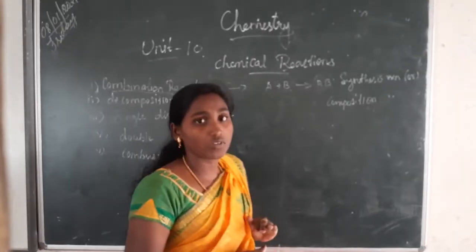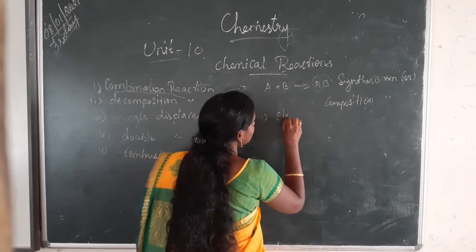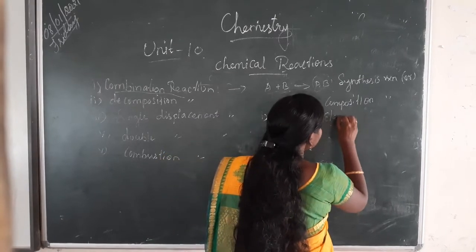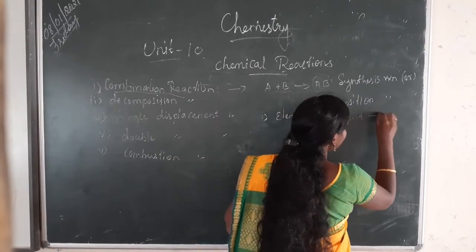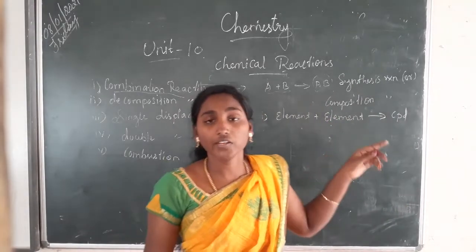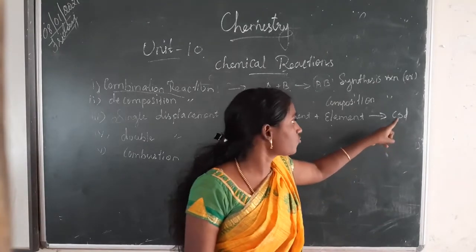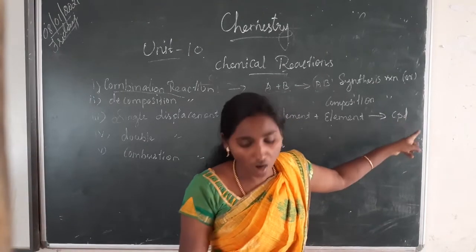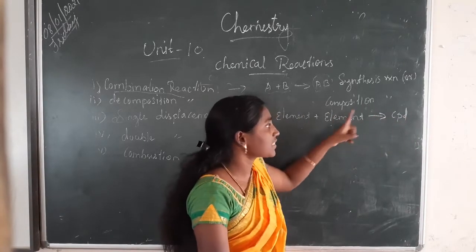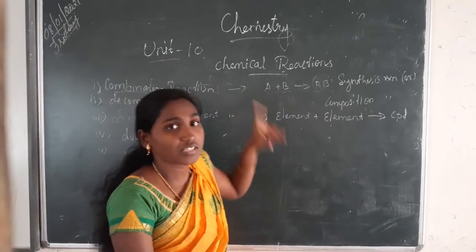So the classes we are going to learn: the first class is element plus element gives compound. In your answer sheet you should not write CPD, you should write the full form. CPD means compound. So element plus element, this is the first class.